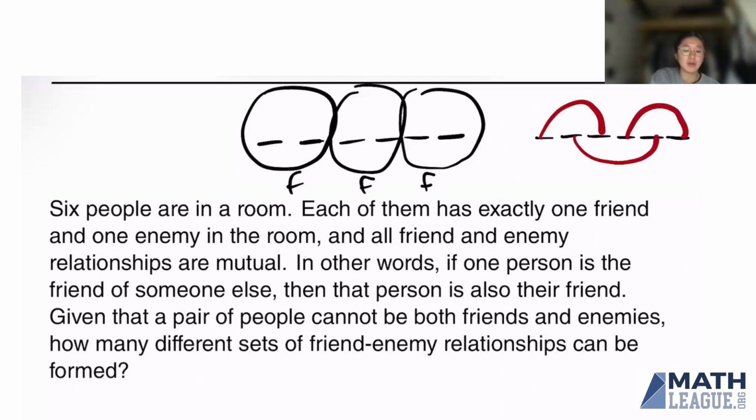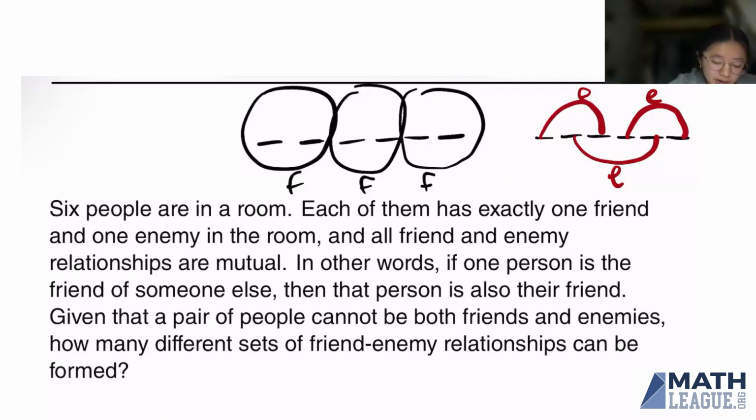And it has to be paired up a different way for them to be enemy pairs. So I think the way we can do this is find the number of ways we can make friend pairs, find the number of ways that we can make different pairings after that, and then multiply them together.